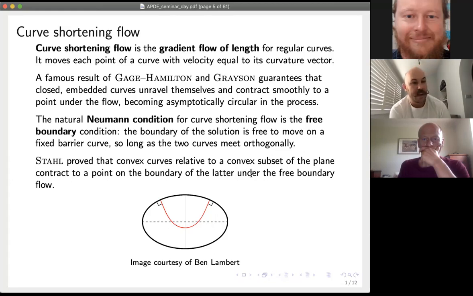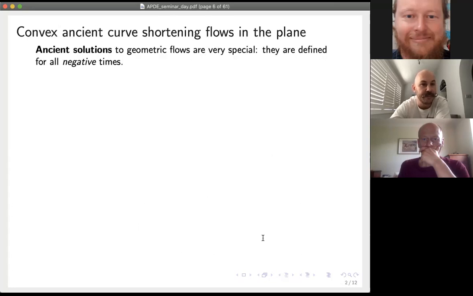Axel Stahl was one of the early people who worked on this, and he proved that if you have a convex curve with free boundary on a convex barrier, it'll flow until it contracts to a point on the barrier. So in the free boundary setting, you have a version of the Gage-Hamilton part of the above theorem, and we'll use that later.